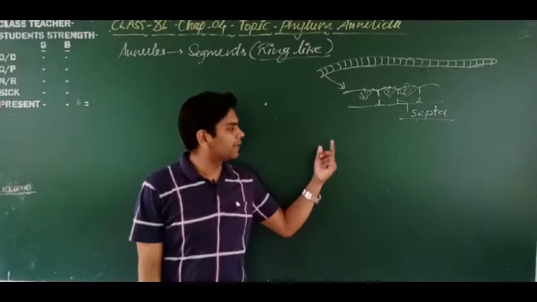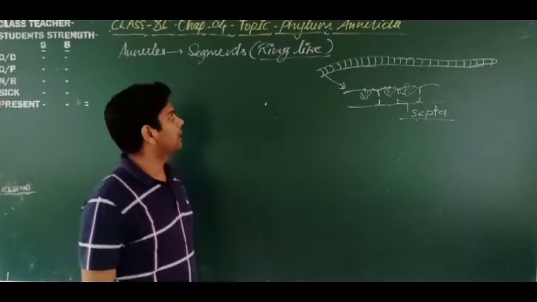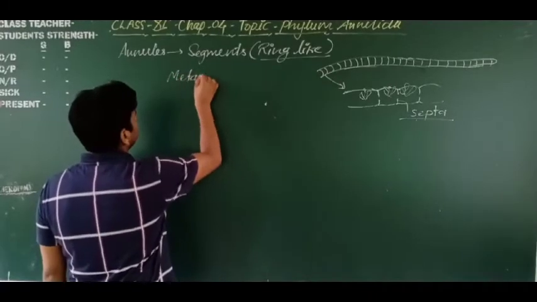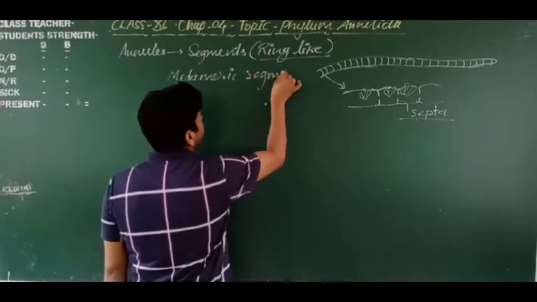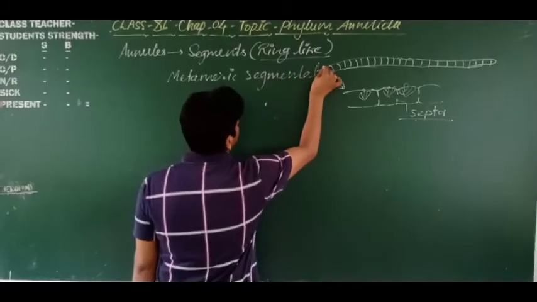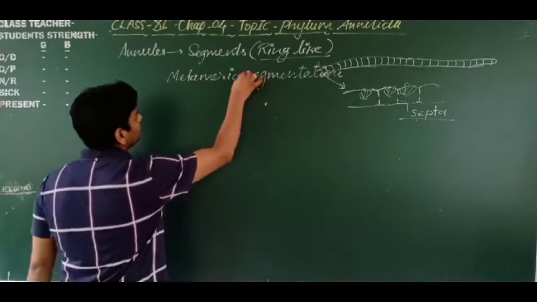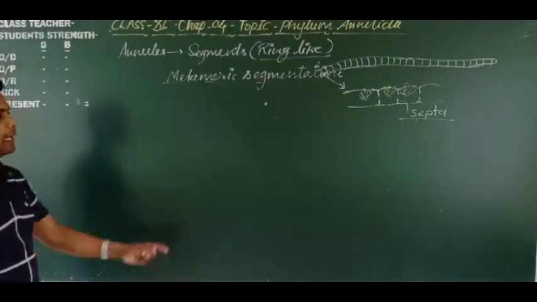At least one nephridium is present in each segment. That is why this type of segmentation is known as what? Metameric segmentation. Metameric segmentation, okay.